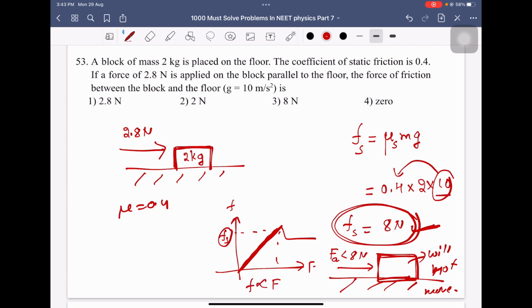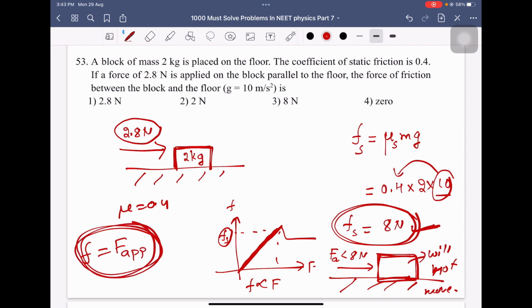Therefore, here the applied force is 2.8 Newton. Frictional force will be equal to applied force. So therefore, the answer is 2.8 Newton itself. It's a very tricky question. Since we have applied 2.8 Newton, which is unable to move this block, the block is not moving forward because the force that we have applied is less than 8 Newton.